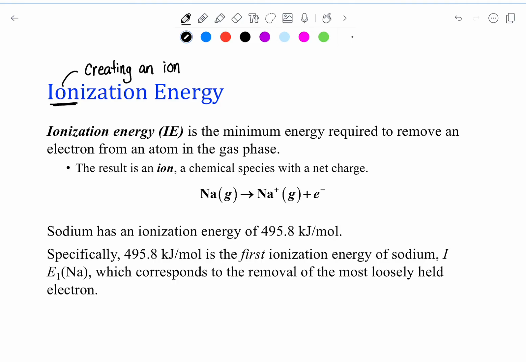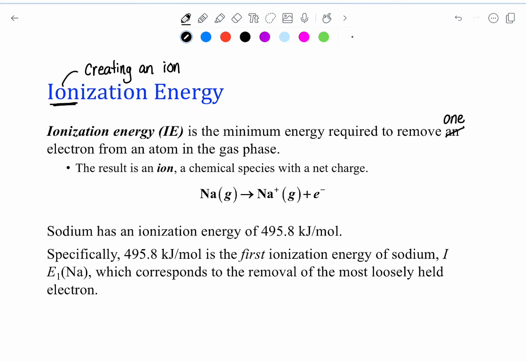Ionization energy is the amount of energy needed to remove one electron from an atom in the gas phase. So the result is an ion, a chemical species that has a charge. We've talked about ions multiple times throughout our previous lessons, in our previous chapters.